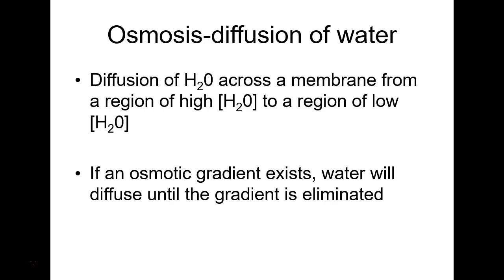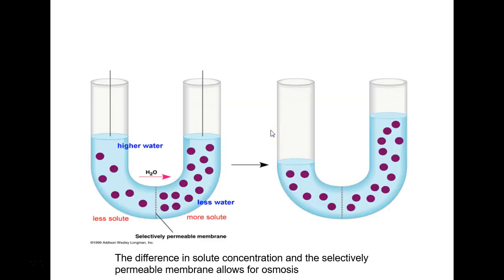The diffusion of water. Basically, think of osmosis as diffusion of water. So think of the water as having a concentration gradient. So it can flow down its concentration gradient. So to hopefully make that make sense, say you had a test tube, a U-shaped tube, and you had a semi-permeable membrane here.